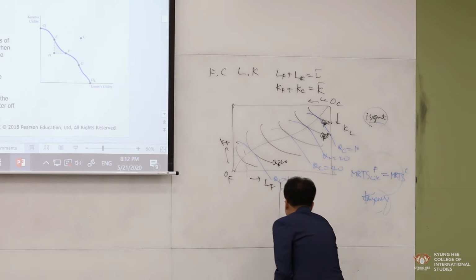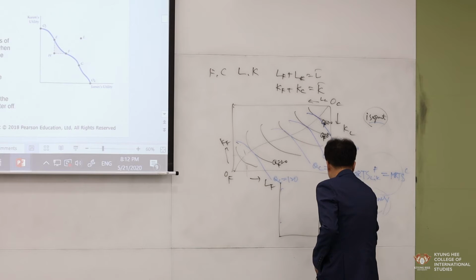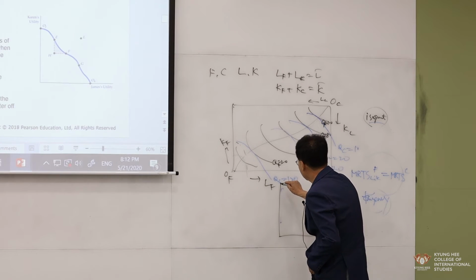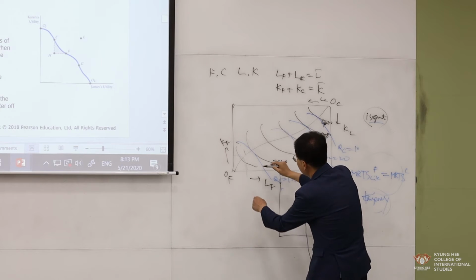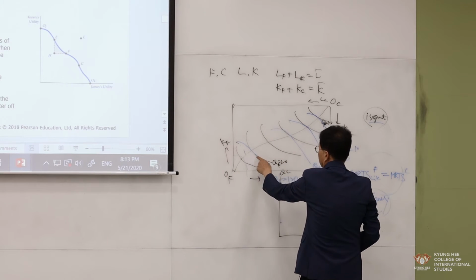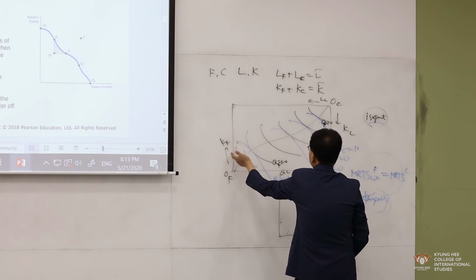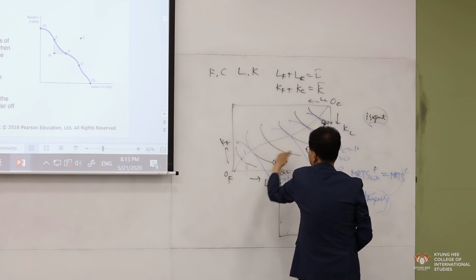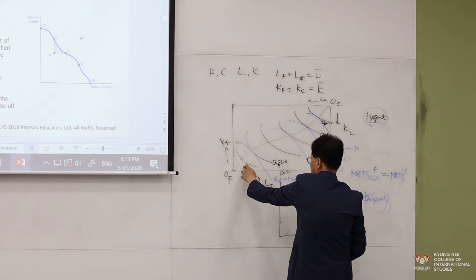From here, the X variable is QC, clothing, QF, food production, and the Y variable is clothing production, right? In this Edgeworth box, what happened? For example, QF is 10, and clothing production is, for example, 200, right?